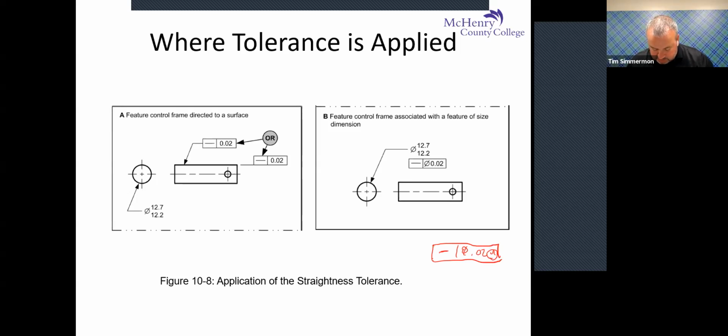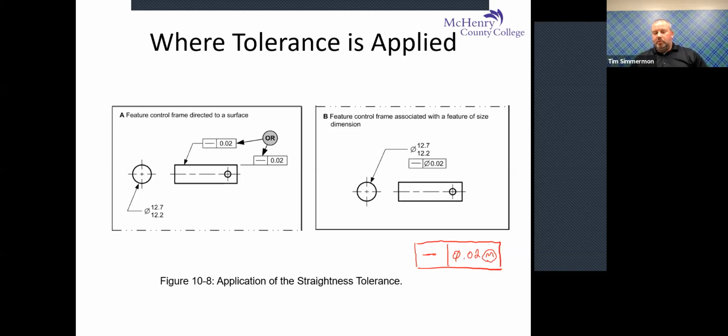Let me try and redraw that. Straightness, a diametrical tolerance zone of 0.02 at maximum material condition.